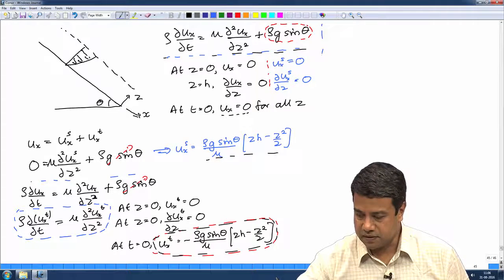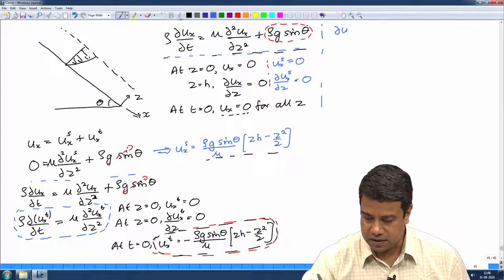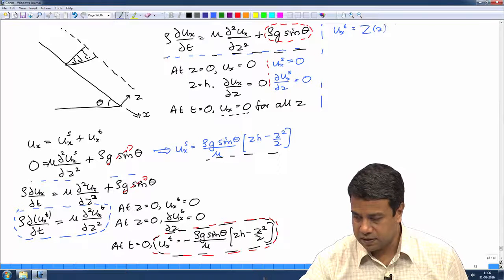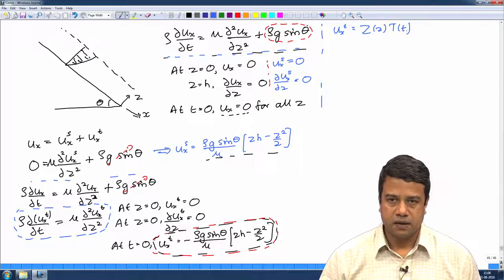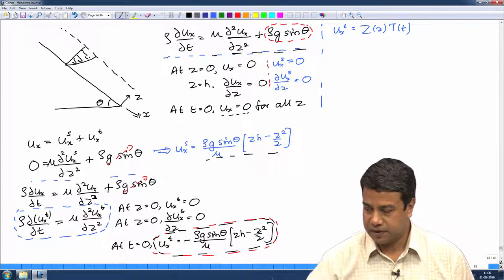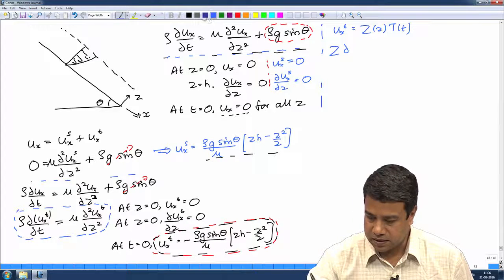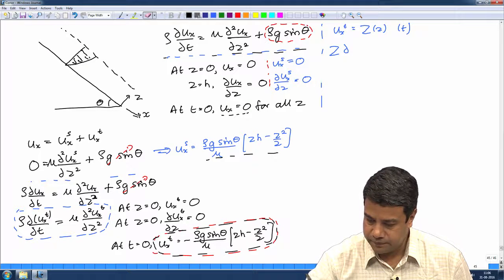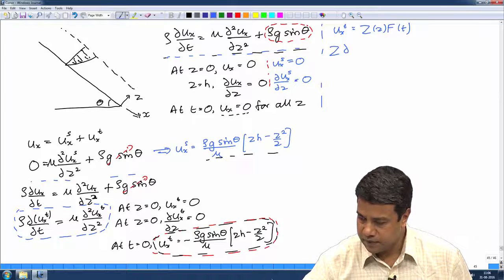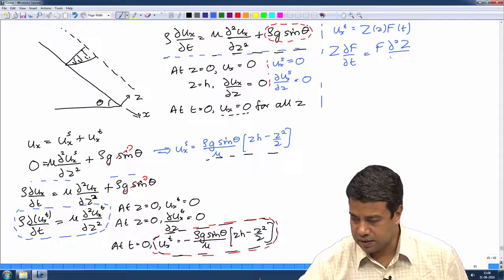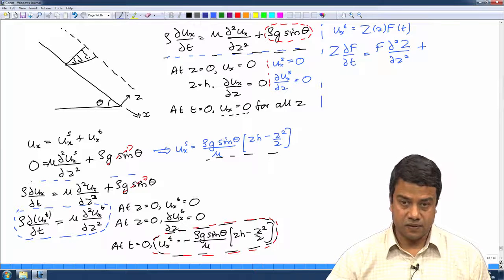Because if we were to use a separation of variables procedure, if I were to write down u x transient is equal to some function of z times some function of time, and I were to insert it into an equation with an inhomogeneous term, what I will get is that Z times partial f by partial t is equal to f times partial square Z by partial z square, plus some inhomogeneous term here.